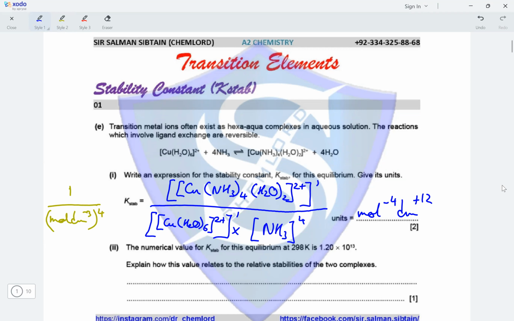Explain how this value relates to the relative stabilities of the two complex ions.